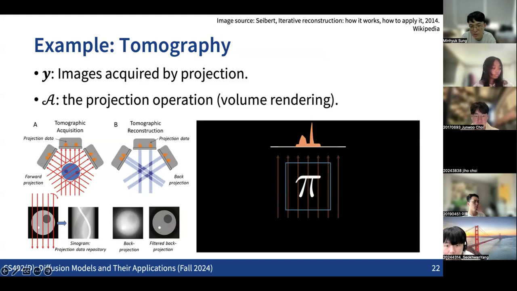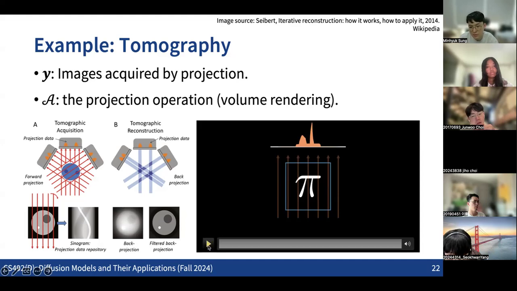These are typically cases where we have projections of the 3D object into multiple views. And the projections are typically based on volume rendering, which means that the rays penetrate through the object and accumulate all the information through interactions with the particles in the object.